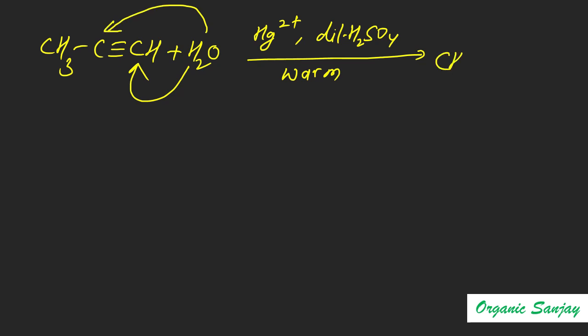So we obtain the product CH3 C(OH) double bond CH2. One pi bond breaks, and it gives this product, vinyl alcohol.